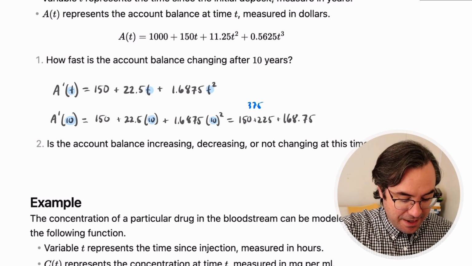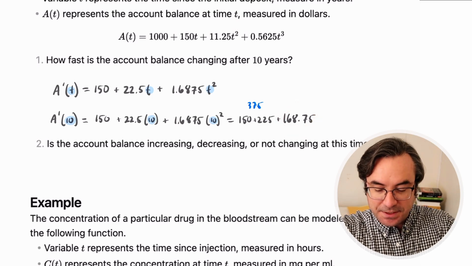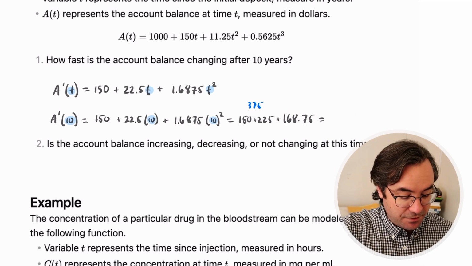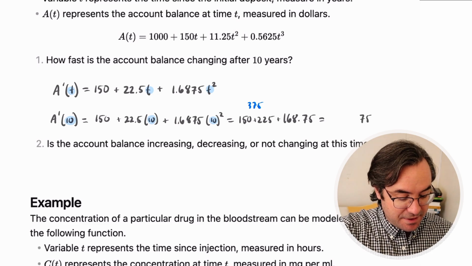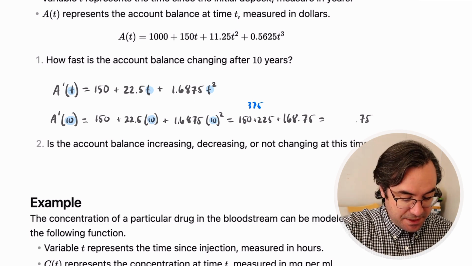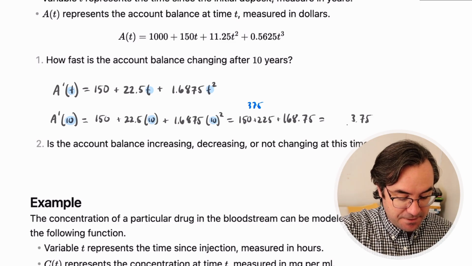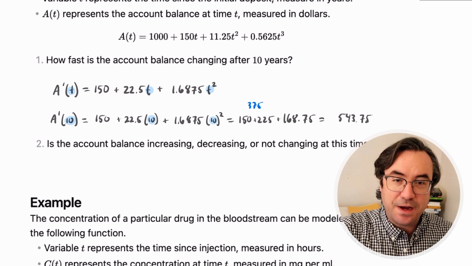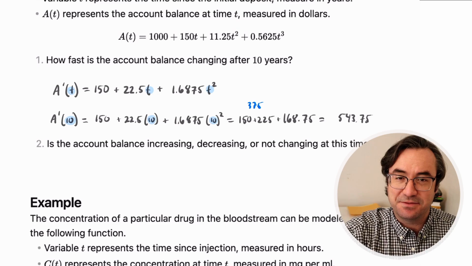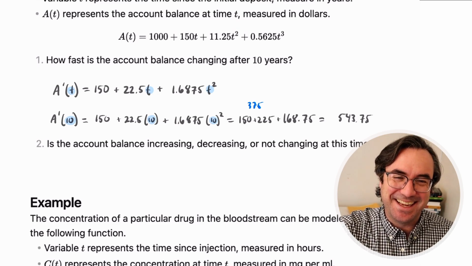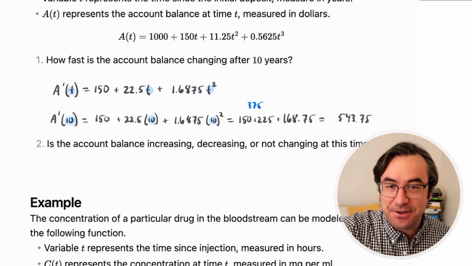And then if we add in the 168.75, we're definitely going to end up with 75 as our decimal, and then 8 plus 5 is 13. So 543.75. And maybe check me. All right, so that's our value.